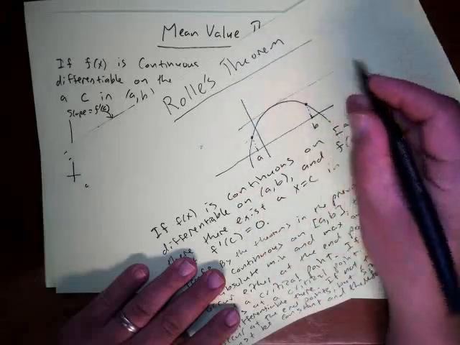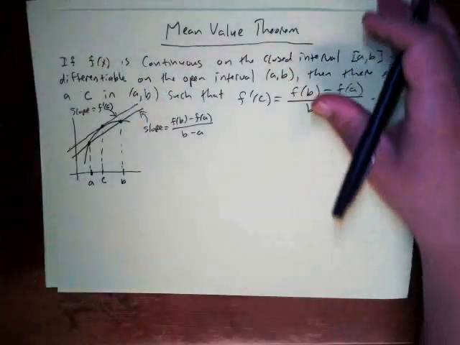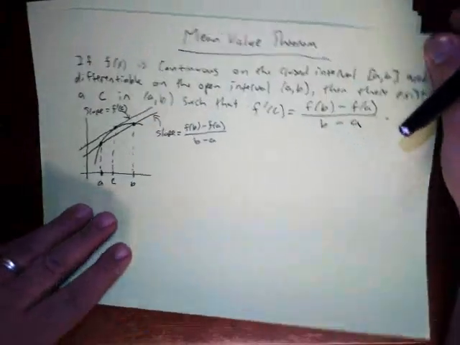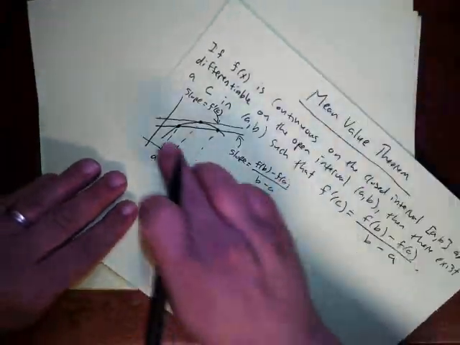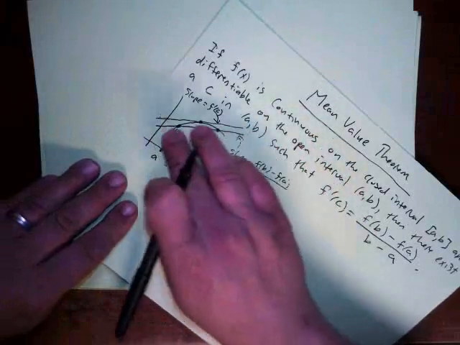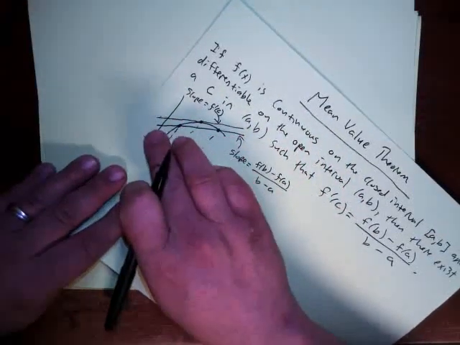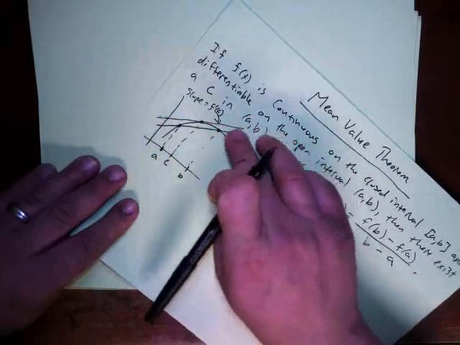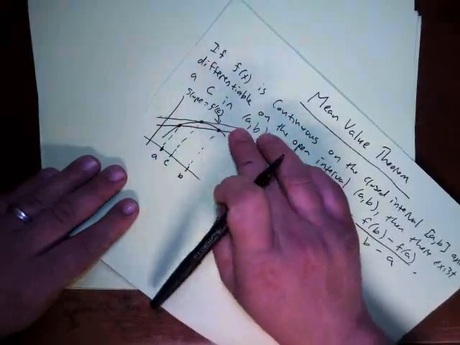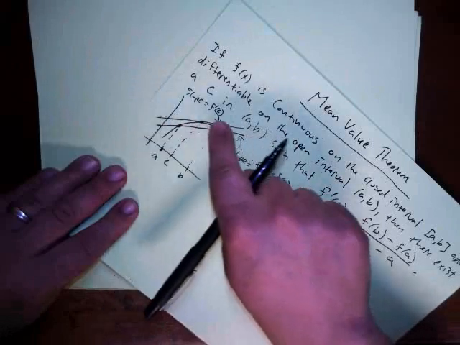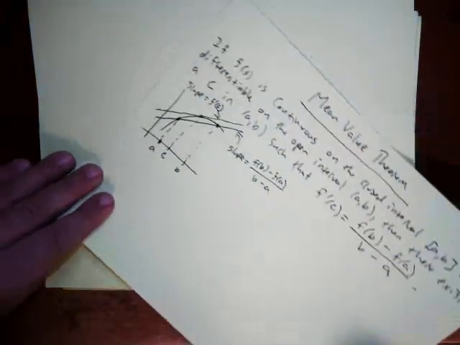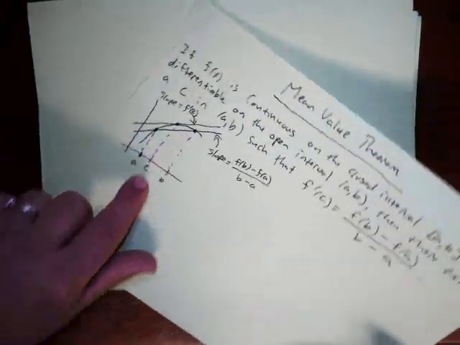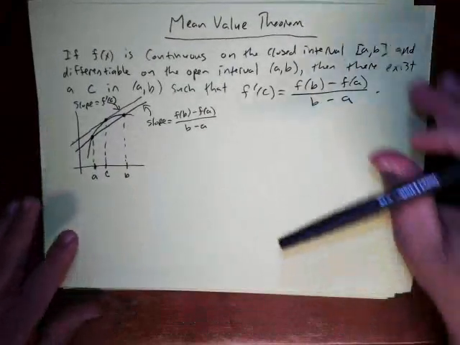Or I can think of this as slanted if I changed it like this so that this was horizontal, so that these two were equal. This is a horizontal line, then there's going to be one point in here where you have a horizontal tangent. So in a sense, this is like Rolle's theorem just tilted on its side.